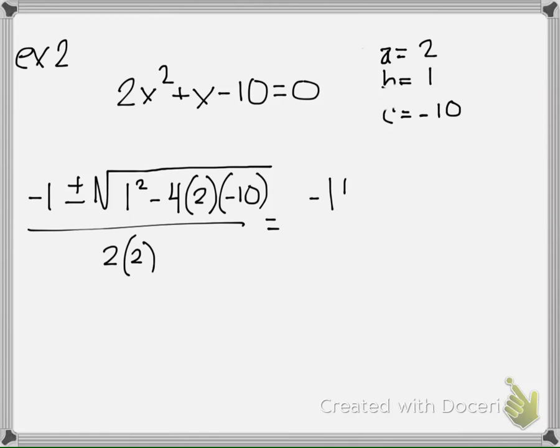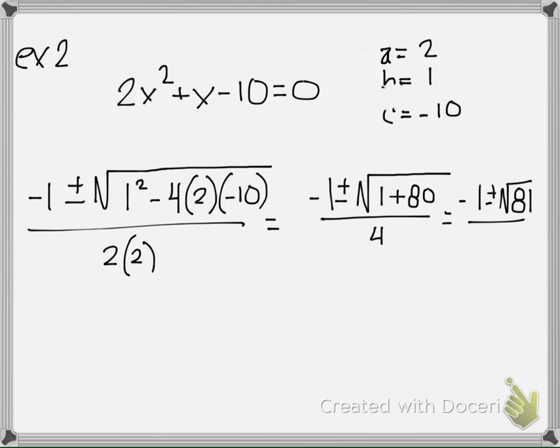Well, that's negative 1 plus or minus the square root of 1. Negative 4 times 2 is negative 8, times negative 10 is 80. 2 times 2 is 4. So this can move pretty quickly. We have negative 1 plus or minus root 81 over 4.